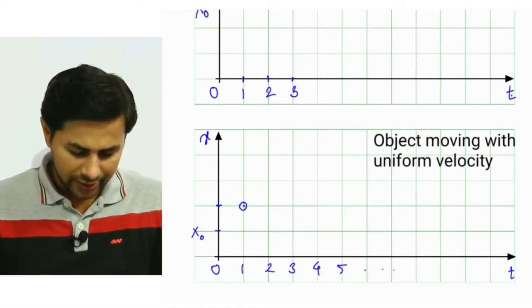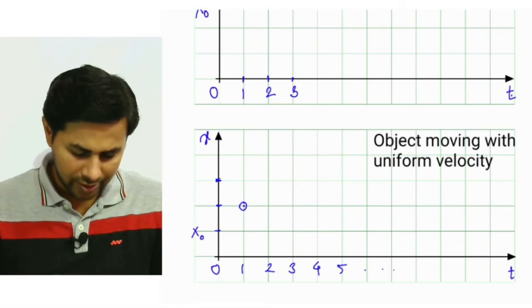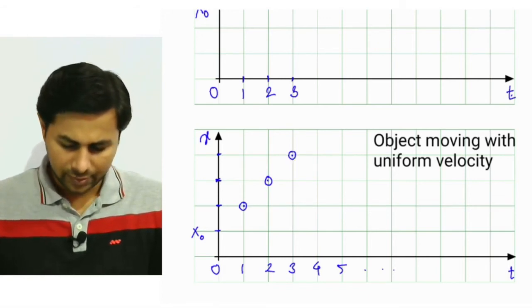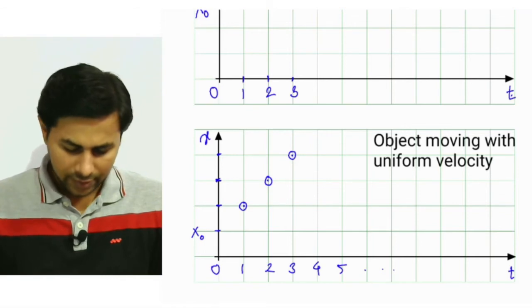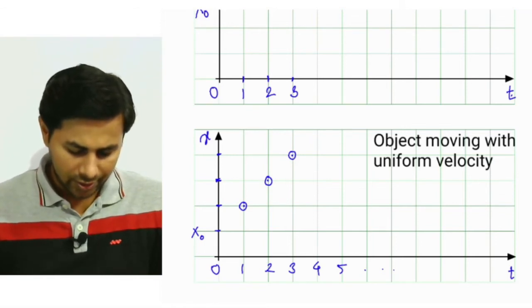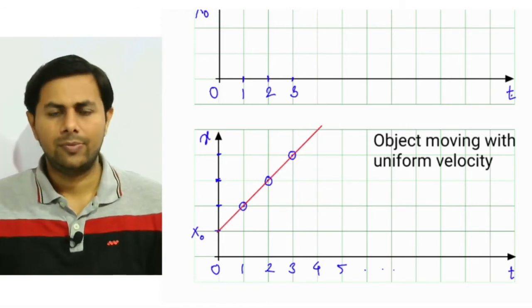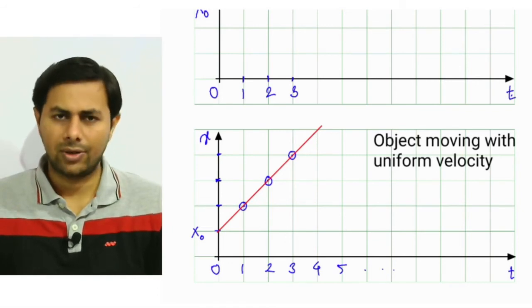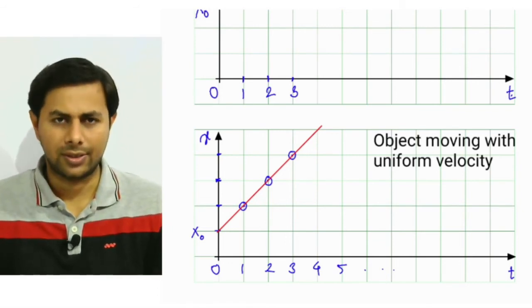At the end of 2 seconds, the object will be here, so we get this point. At the end of 3 seconds, the object will end up here, and so on. And then if we join all these points, we get the position versus time graph for an object moving with uniform velocity.